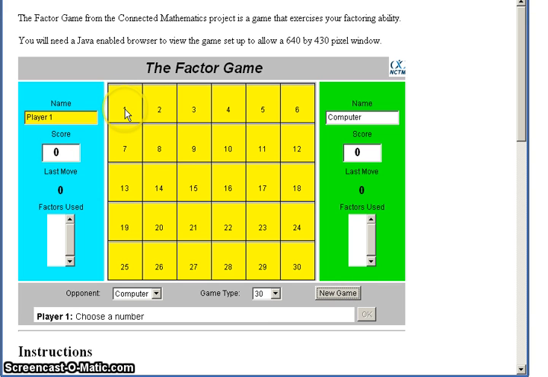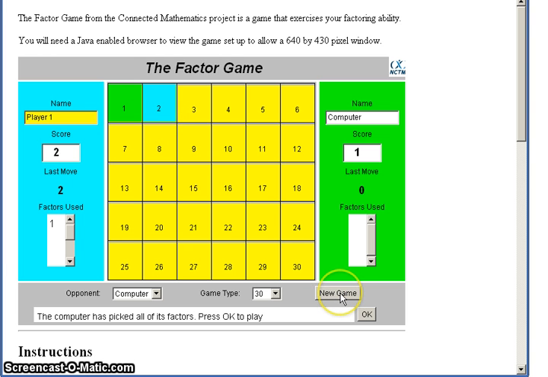For example, I could start with 1. Of course, I cannot. Why? There are no proper factors of 1, right? So the game doesn't let me play with something that has no proper factors. What about 2? 2 would be pretty good. It's a deficient number because the only proper factor of it is 1, which is less than 2. 2 is a prime number. 1 and 2 are its only factors.